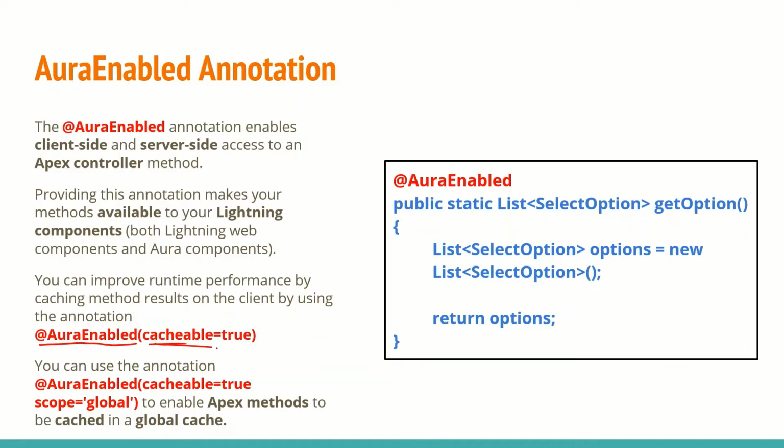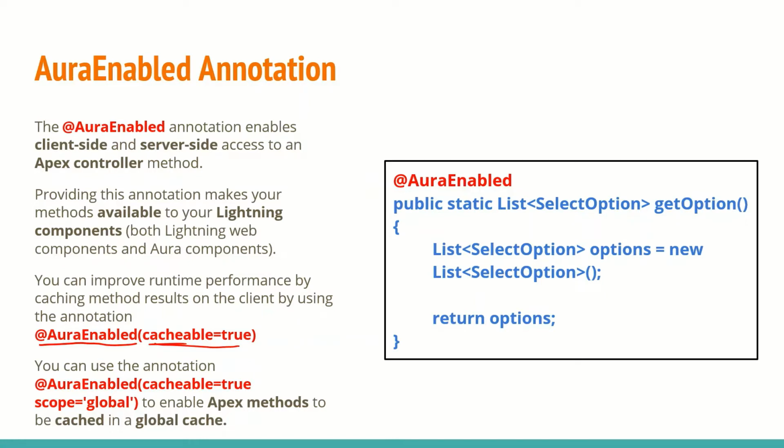It's a property of that particular annotation, so it will cache everything coming from that particular controller method. And in the future, if you are again calling the same method, it will get the data fast from that cache.